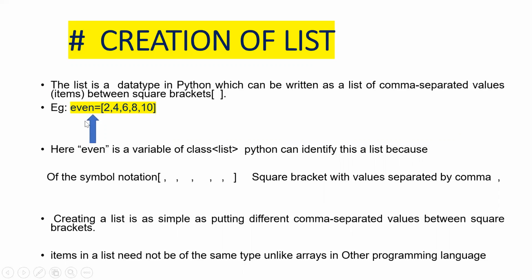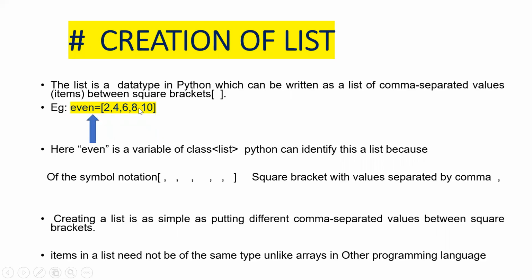Here the variable name is even and the values are 2, 4, 6, 8, 10, and they are written inside square brackets, and the values are separated by commas. Since Python supports dynamic typing, there is no need to explicitly give the type of the variable. No need to declare the type of the variable.